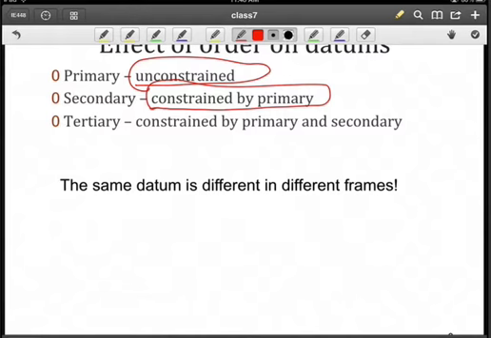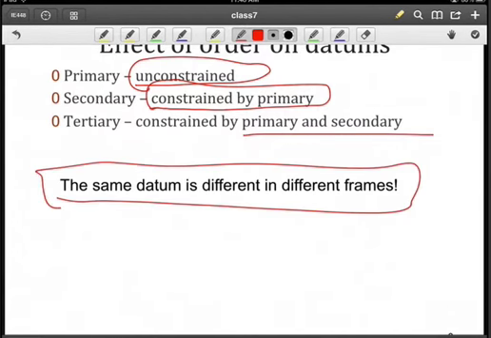And of course the tertiary is dependent on both of those. Note also the same datum can be different in different frames. Why is that? Because of the order. So in terms of the actual location of the datum and its orientation, it could change depending upon where it appears in the datum reference frame.